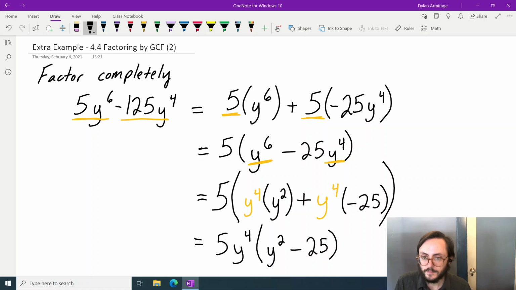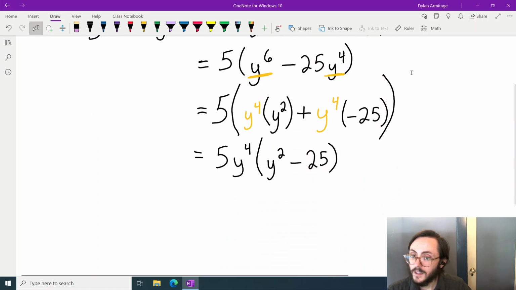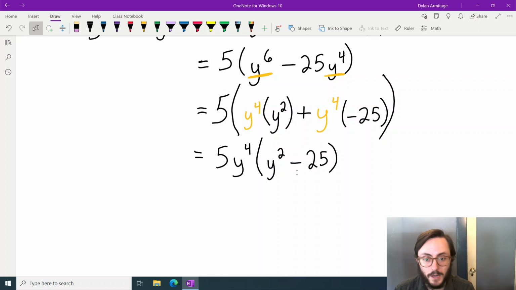Now that we have this, we're not done. This y squared minus 25 can still be factored. It is something called a difference of squares, where there is a shortcut to know about it, which you might refer back to our multiplying binomials to see what that shortcut might be.